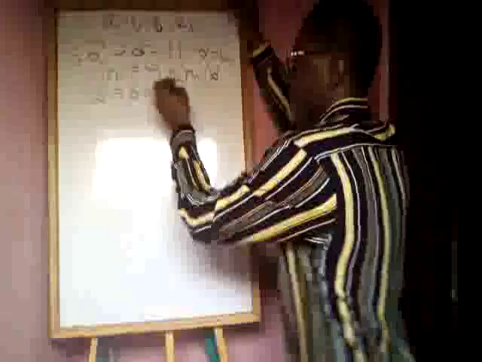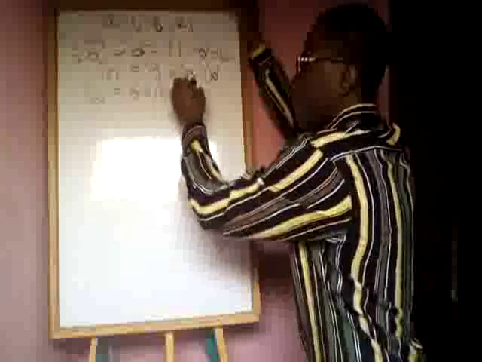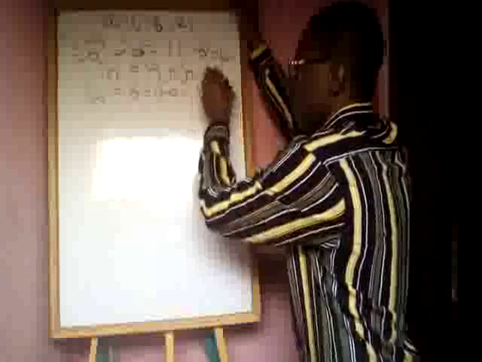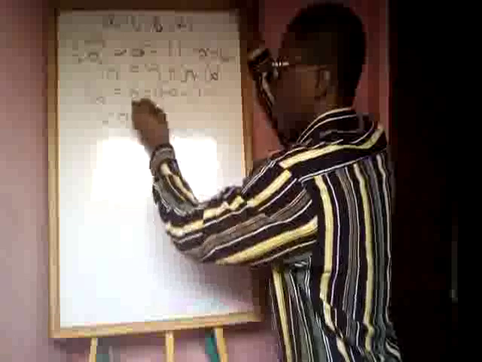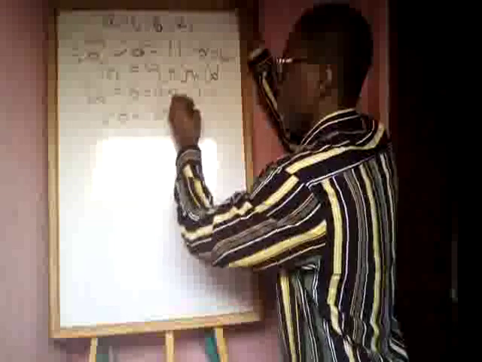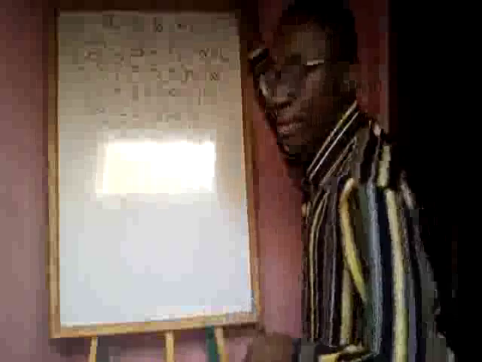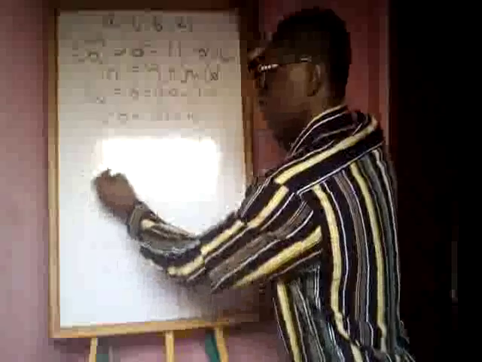What is n? n is 40. 40 minus 1 times d, which is 4, the common difference. So when we continue with that calculation, we have T40 equals 6 plus 40 minus 1, that's 39, times 4. And by my knowledge of mathematics, that will be 6 plus 39 times 4, which will be 156.